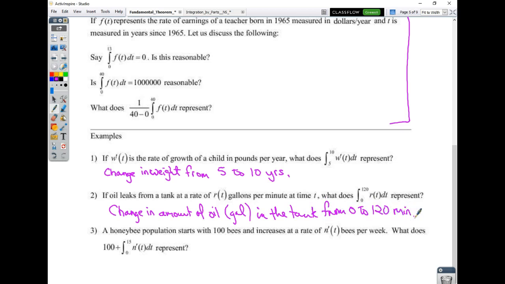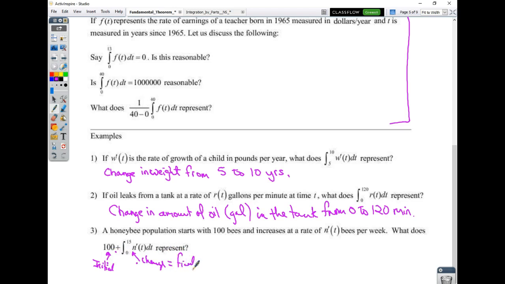If we look at the next one, a honeybee population starts with 100 bees and increases at the rate of n prime of t bees per week. What does 100 plus the integral represent? Well, that's kind of weird. I see a plus. So this 100 is an initial amount, and this is a change. So initial plus change equals our final.